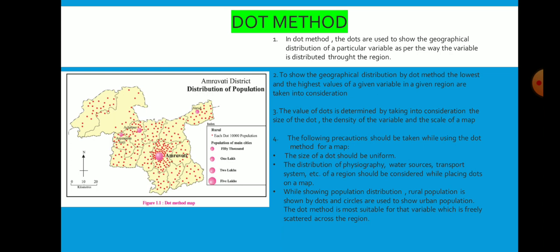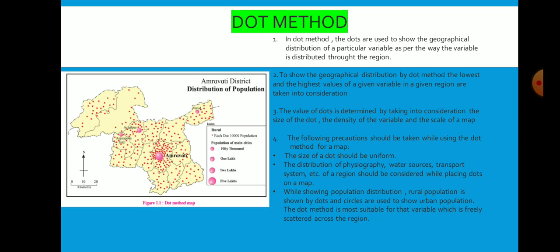The following precautions should be taken while using the dot method for a map. What are they? Number 1, the size of a dot should be uniform. Second, the distribution of physiography, water sources, transport system, etc. of the region should be considered while placing dots on a map.